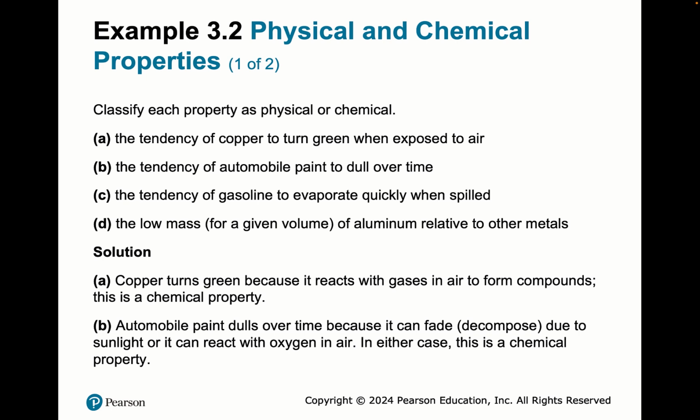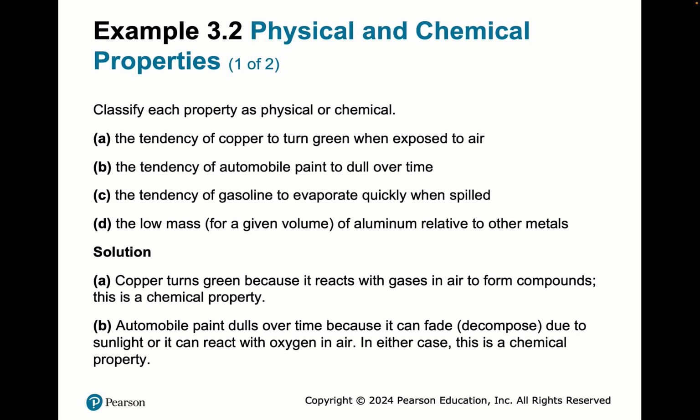The tendency of automobile paint to dull over time. This is a little ambiguous. I'd say this is a chemical reaction. It depends, though, on what's causing the paint to dull. If it's from a physical process, like rubbing, then that would be a physical process.